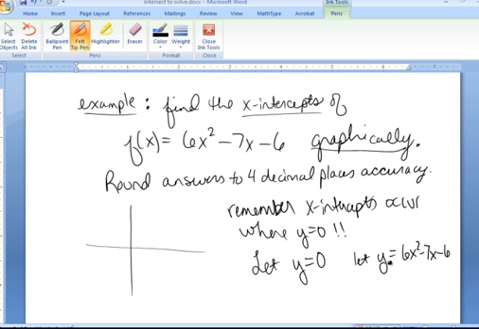So I'm going to put in y1 the parabola 6x squared minus 7x minus 6, which will be a parabola that opens up. And in y2, I'll put the horizontal line y equals 0, which is just a horizontal line right through the x-axis. And then I'll find where do those two things intersect. Where does 6x squared minus 7x minus 6 intersect the horizontal line y equals 0?